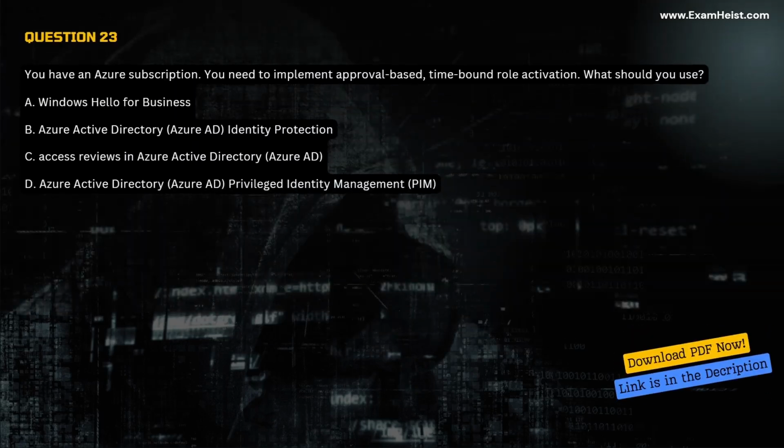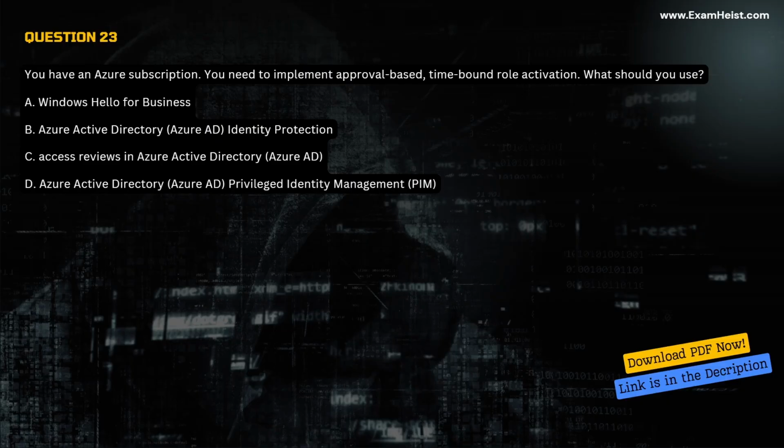Question 23. You have an Azure subscription. You need to implement approval-based, time-bound role activation. What should you use? A. Windows Hello for Business. B. Azure Active Directory (Azure AD) Identity Protection. C. Access Reviews in Azure Active Directory (Azure AD).